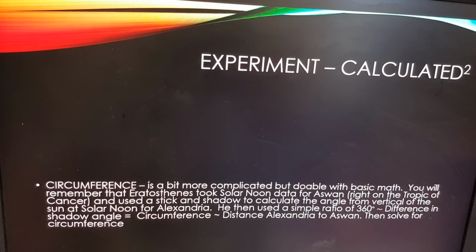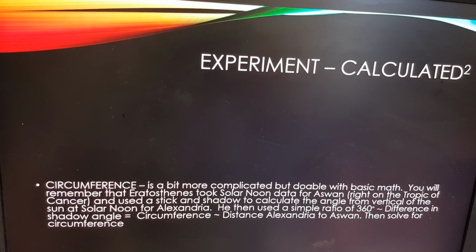So you'll remember, if we look back at Eratosthenes, he took solar noon data for Aswan. Aswan turns out to be exactly on the Tropic of Cancer. He used a stick and a shadow to calculate the angle from vertical of the solar noon for Alexandria.